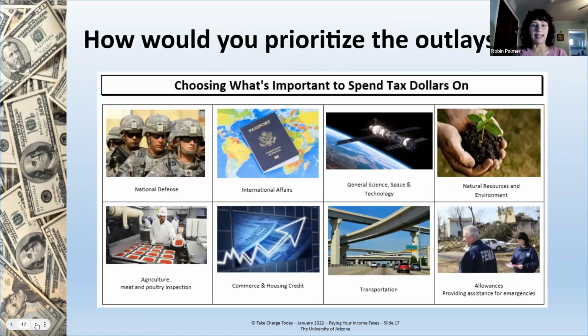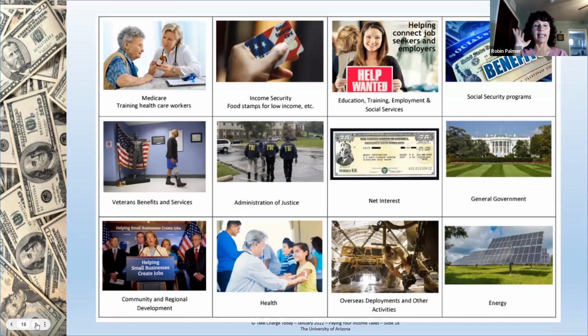One of the activities that I love in here is, how would you prioritize the spending that the government does? So we have these cards that we've created, 2 pages worth of them, that have the major categories that the government uses when they're deciding how to spend the tax benefits or the tax receipts that they get.